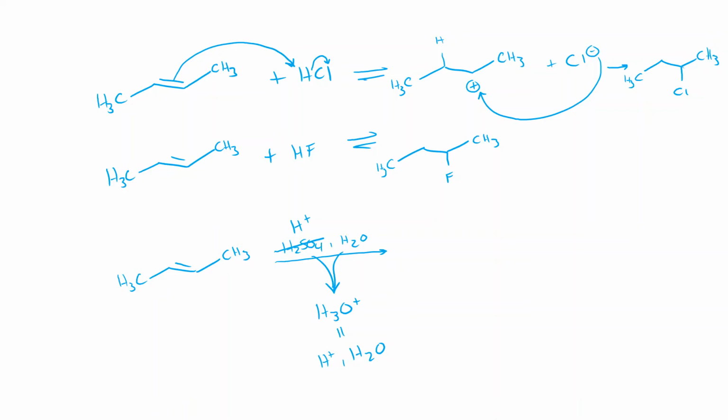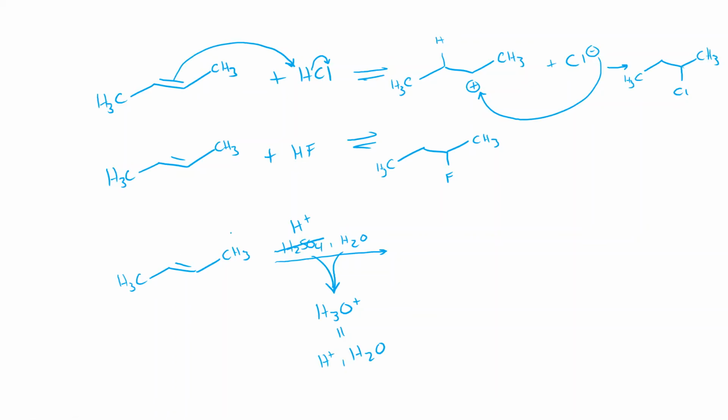So instead, water is going to be more reactive than the conjugate base of sulfuric acid, so we use water as our base. Okay, so now we've got H plus and H2O in there. Let's have our pi bond attack H plus.